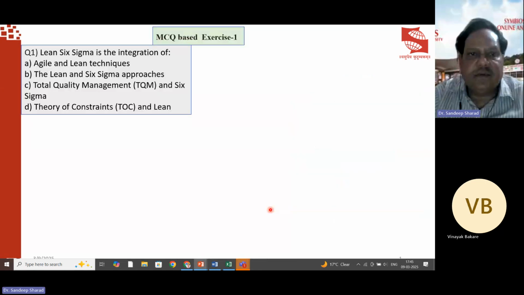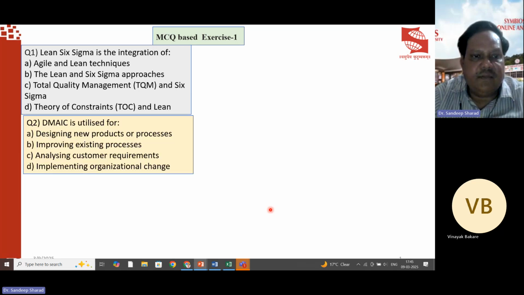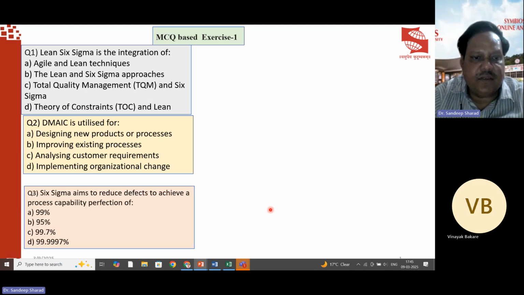There will be another MCQ exercise. Lean Six Sigma is the integration of Lean and Six Sigma approaches. So Lean and Six Sigma approach is the correct answer. DMADV is utilized for designing new products and processes, while DMAIC is for improving the existing process. So improving the existing process is the correct answer. Six Sigma aims to reduce defects to achieve process capability perfection of 99.997%.